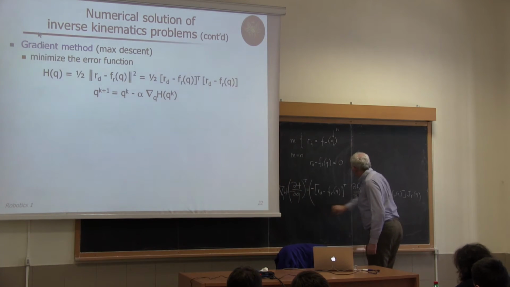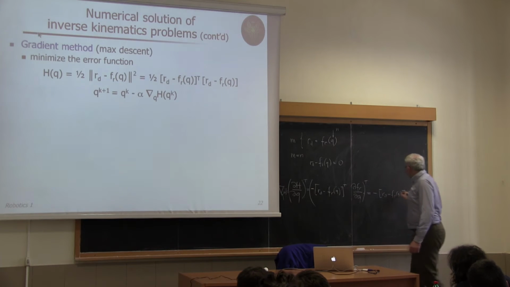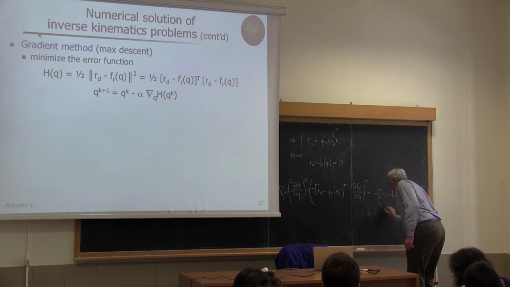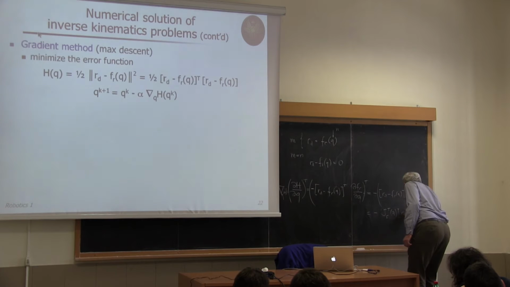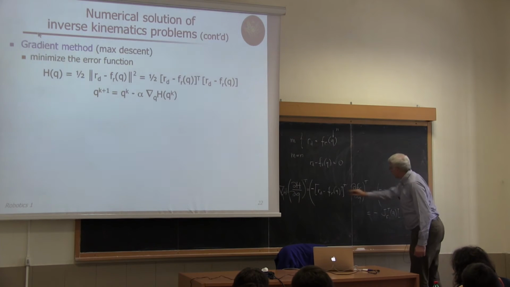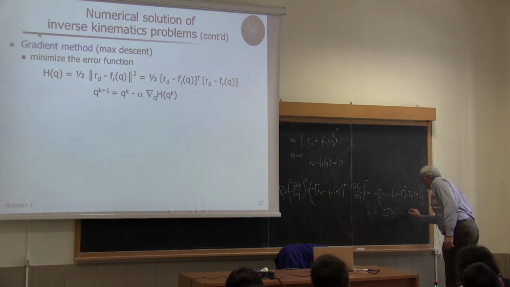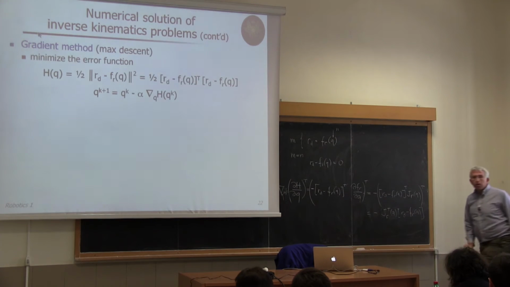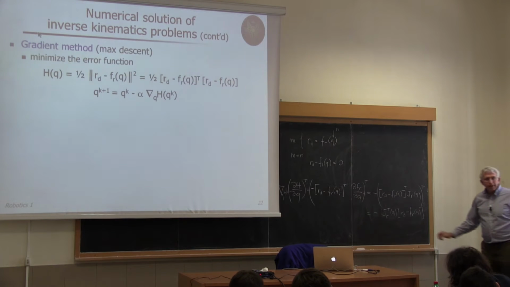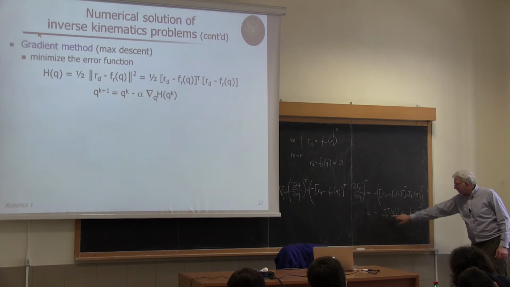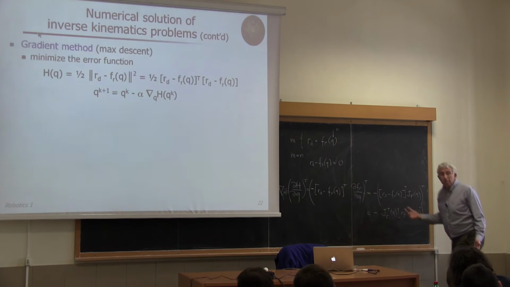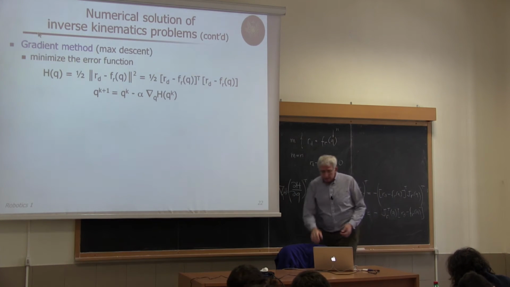So it's the transpose of this, which is the transpose of this, which is nothing else than minus Jr transpose of q times Rd. Sorry, there was a transpose here missing. Okay? Clear enough? How does this Jacobian transpose come out? Just of taking the derivative and doing things.